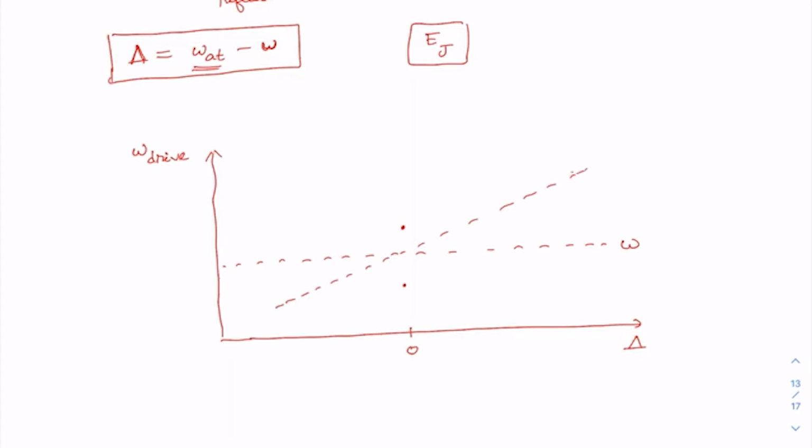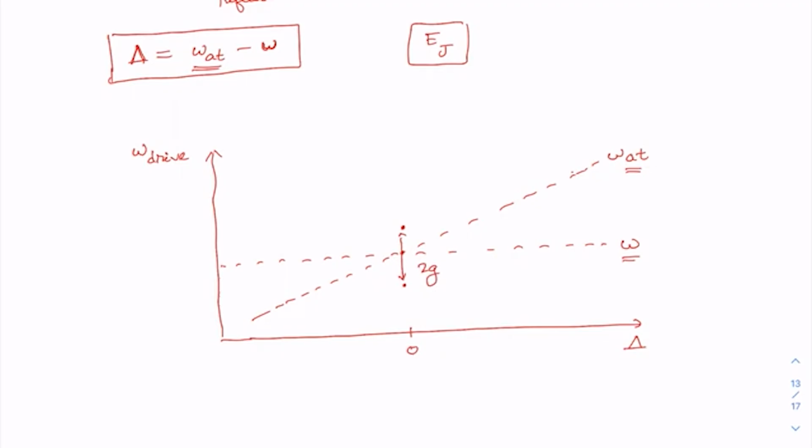So this is how omega atomic, the atomic transition frequency, is getting changed, and this is the point of crossing or the degeneracy point, where the bare cavity frequency omega is equal to the atomic frequency, or the drive frequency is exactly equal to omega here. And this difference, as we know, is equal to 2Z.